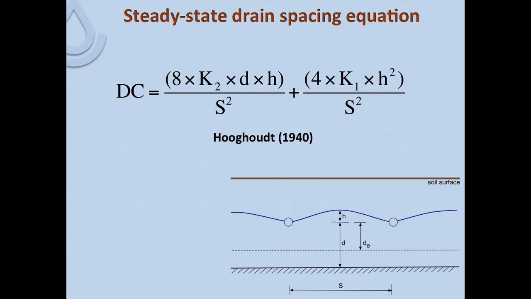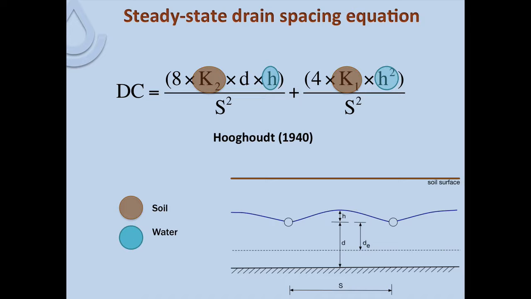Not so important what the actual equation is, but just to recognize that it takes into account properties of the soil as well as properties of the water or the design, that as that water table comes up, what that driving force is to move water towards those drains.